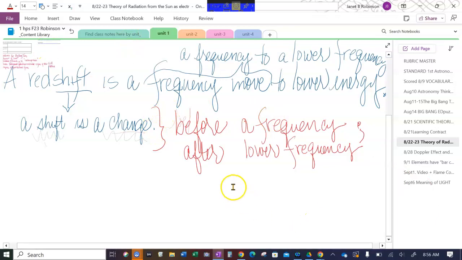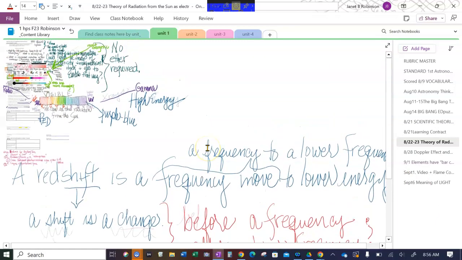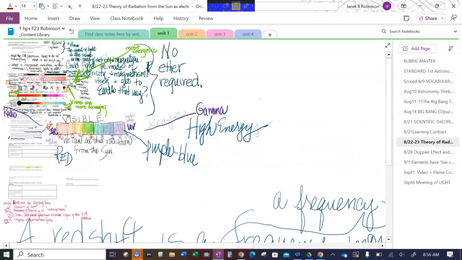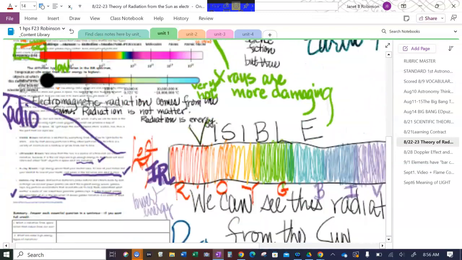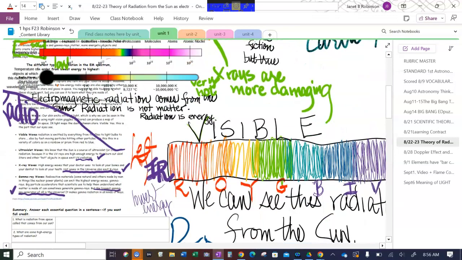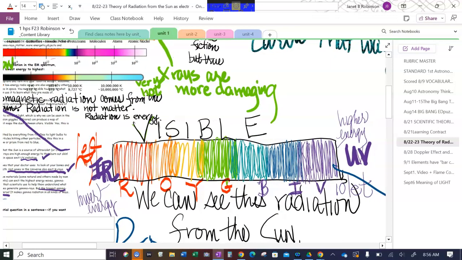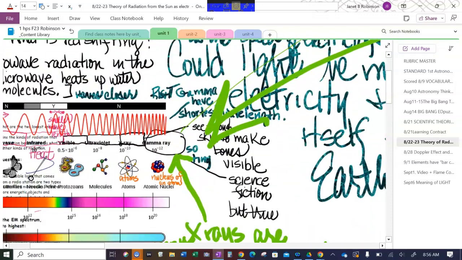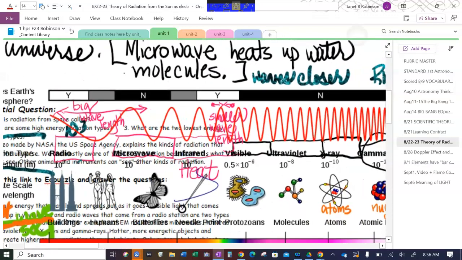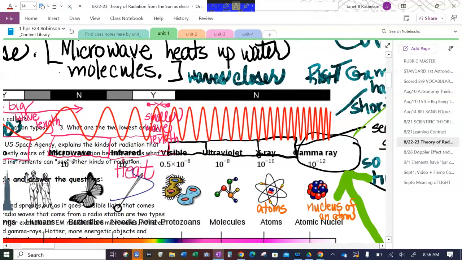As we go through and look at this, I will ask you all sorts of questions about these, and about which end of the visible light is the high energy end and which is the lower energy end. When you have a high frequency, that is many waves, this is high energy.